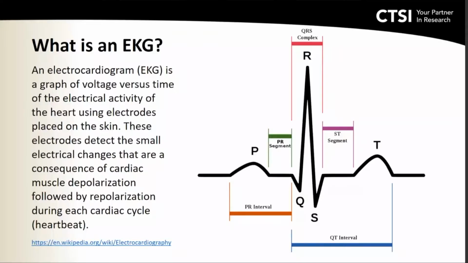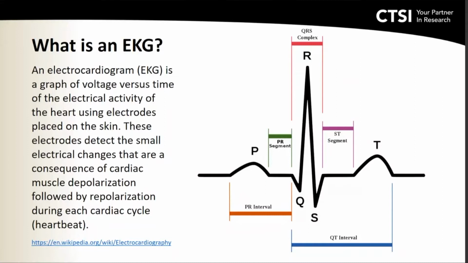To start out, I'd like to just talk about what is an EKG. An EKG is a graph of voltage versus time of the electrical activity of the heart using electrodes placed on the skin. These EKGs can be used to diagnose various disease states, including heart attacks or heart arrhythmias, or really any disease that affects the electrical activity of the heart.